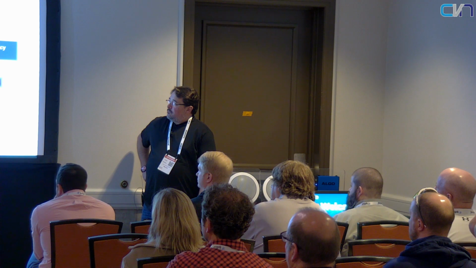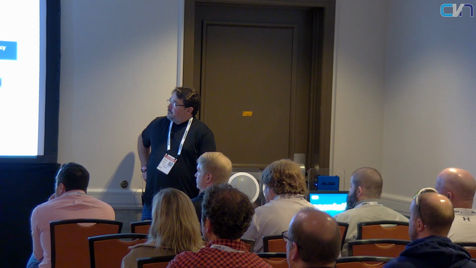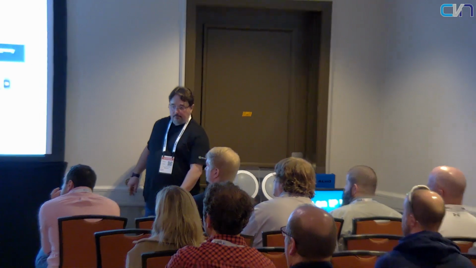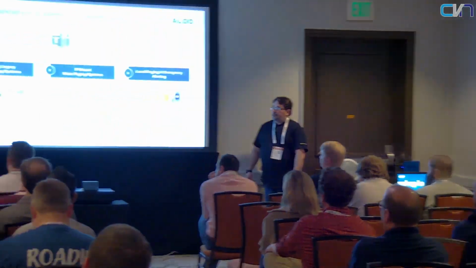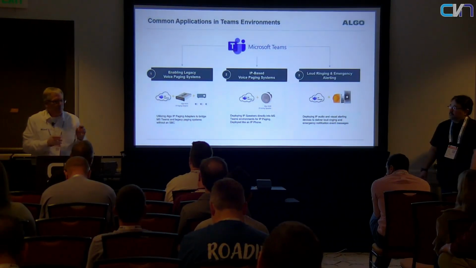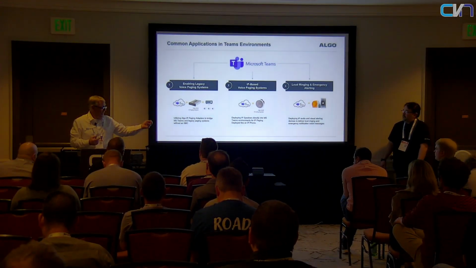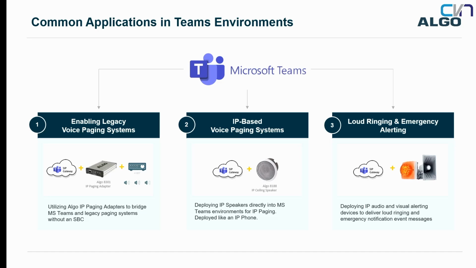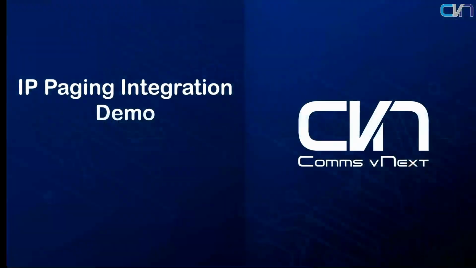If it'll support that, I'll tell them just plug it into the AudioCodes and away you go. Sometimes not, it has to be replaced, and that's where you can put an IP endpoint in there, and we can tie it in with a ring group. We actually build a really cool device that can connect into the headset port of a phone, and we can extend loud ringing out to any of our devices as well. So those are the typical use cases that we have.